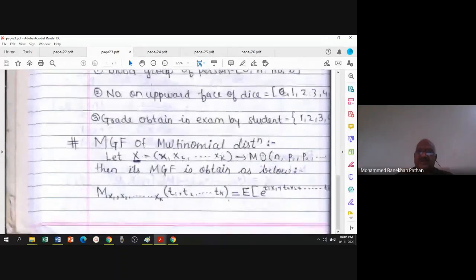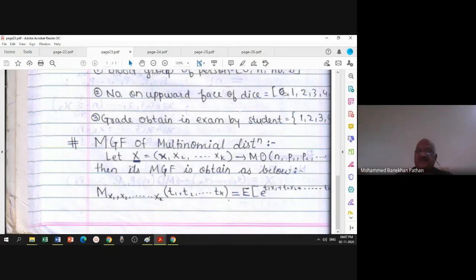Now the next topic is to develop the MGF, moment generating function, of the multinomial distribution. Because to study the properties of any distribution, we should know the corresponding moments, and for that purpose we develop the MGF.